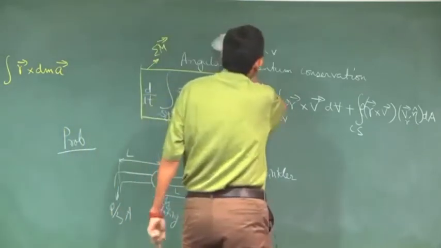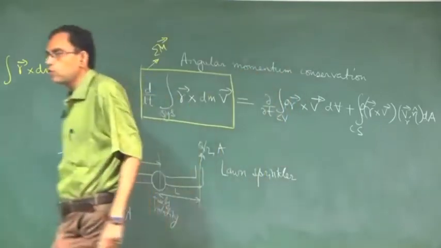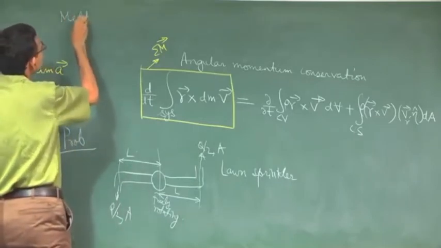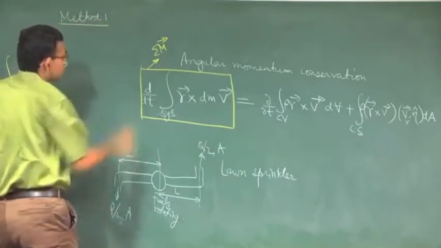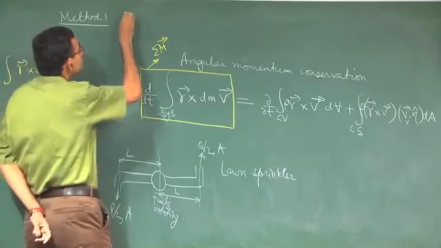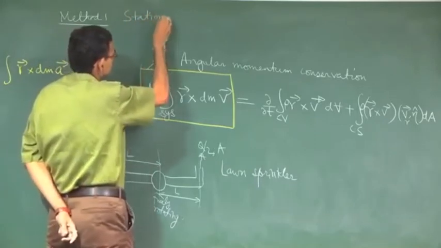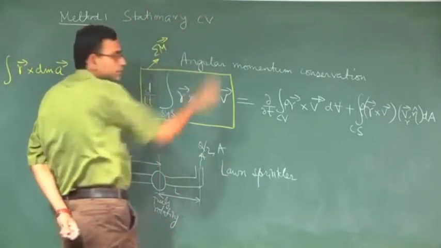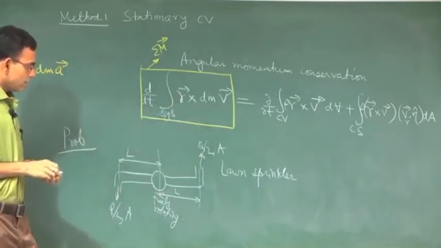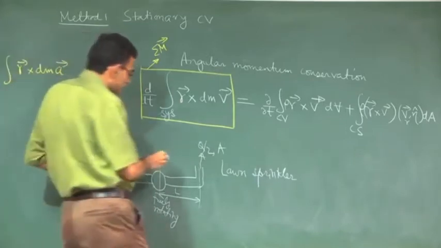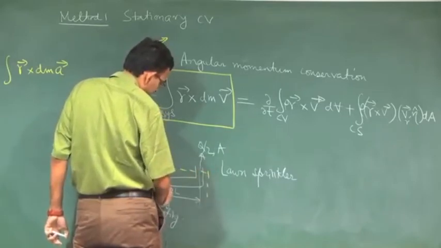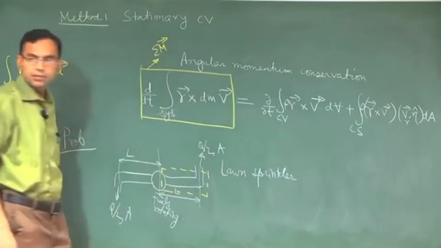So first what we will do is we will consider method 1. Stationary control volume. Then we can write this equation. So let us consider a stationary control volume, maybe half of the domain we take because it is symmetric.